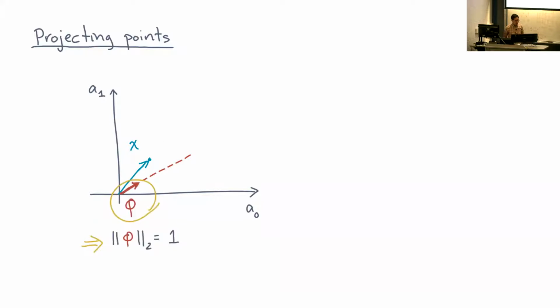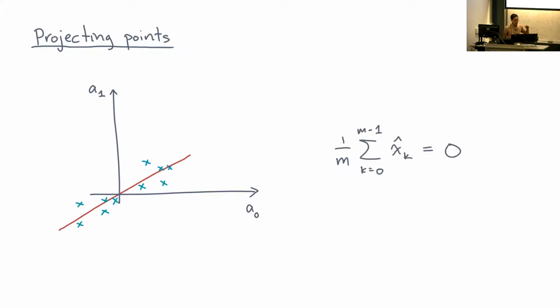Okay. Now this vector, with respect to this red line, so I'm imagining that my goal will be to determine the red line. What is the red line? As a first step, I've done this mean centering.